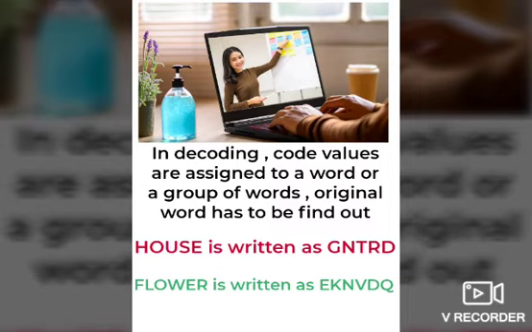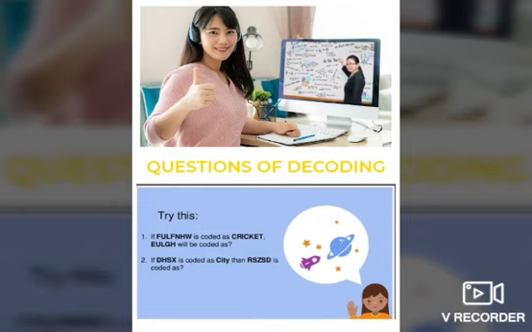Here I have questions based on decoding too. You have to decode EULGH, which is given, and the cricket one is also given. By looking at the cricket one, you have to fill in EULGH. And by looking at question 2, CD, you have to decode the word RSZST.